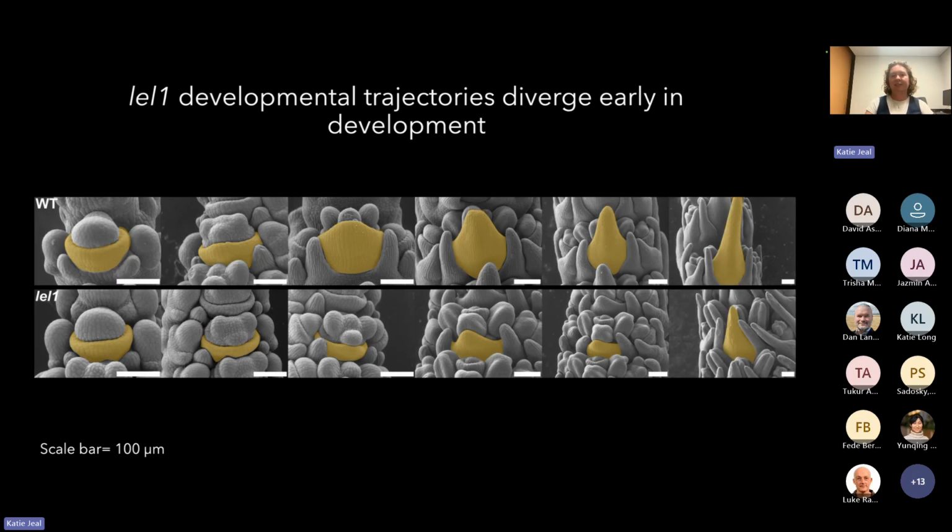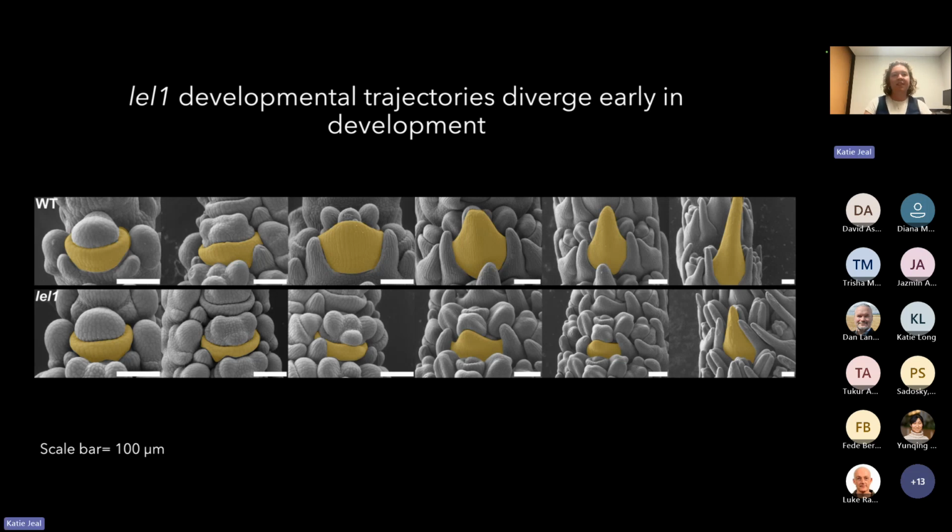And we see this as the awn begins to shoot up in wild type and elongate quite rapidly. There's some beginnings of elongation in leafy lemma, but not to the same extent. And this is consistent with what we see in our mature phenotype, so a reduction in awn length in our leafy lemma.